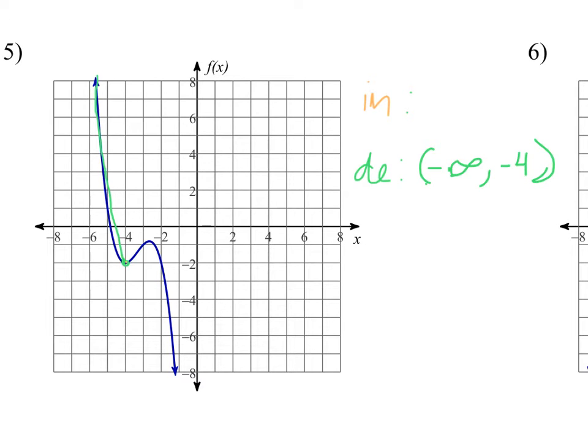Then our graph starts to increase from -4 to, we could say -2.9, because it's not quite at -3. So -2.9. And then we finish off decreasing from -2.9 to infinity.